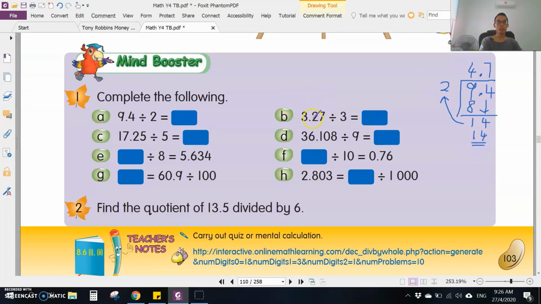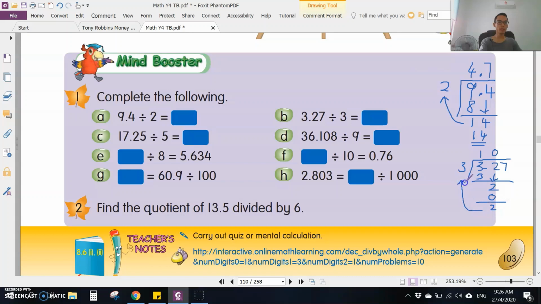Okay, question B. 3.27 divided by 3. 1 times 3, 3. Balance is 0, so nothing to write here. Bring down the next number. 0 times 3 is 0. Balance is 2.